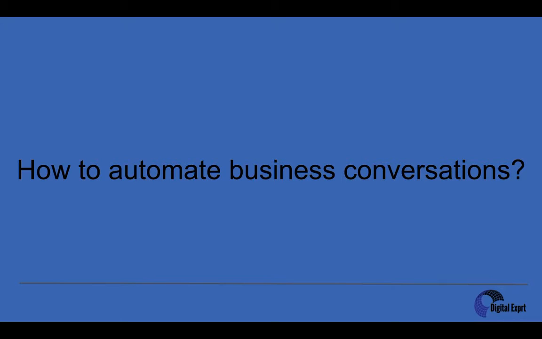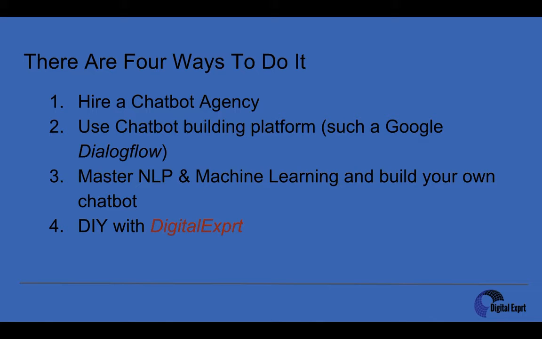And given all that written and oral communication, the question is, how can we automate business conversations? Basically, there are 4 ways to do it, and I will list them one by one.